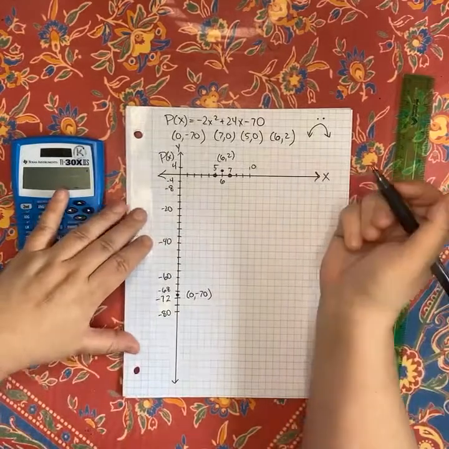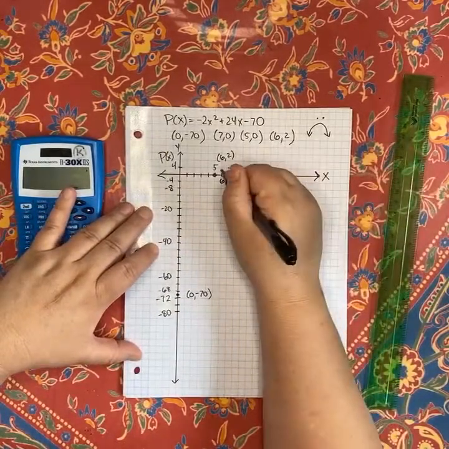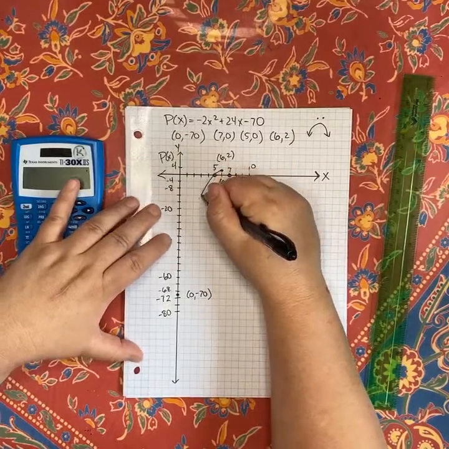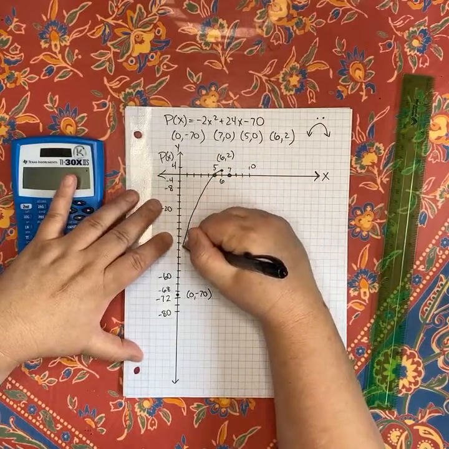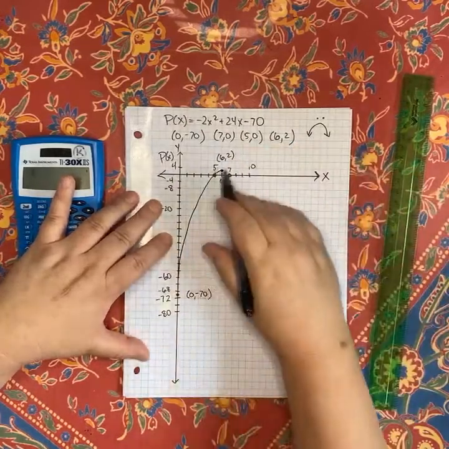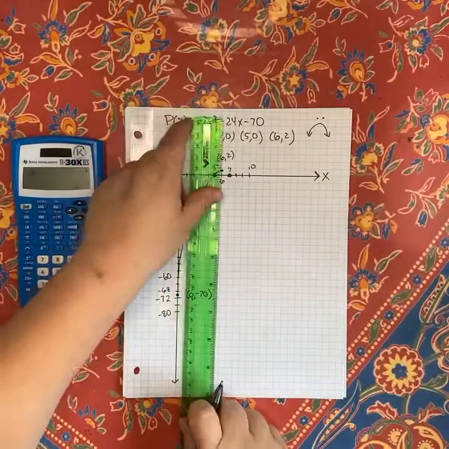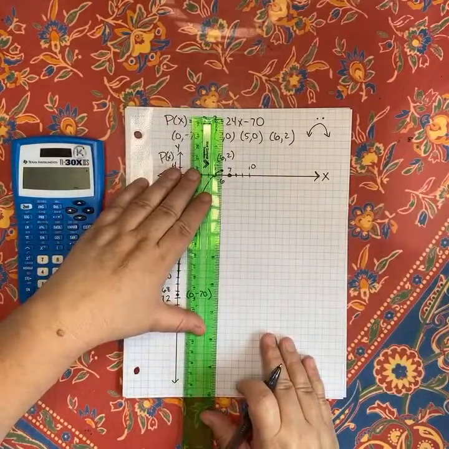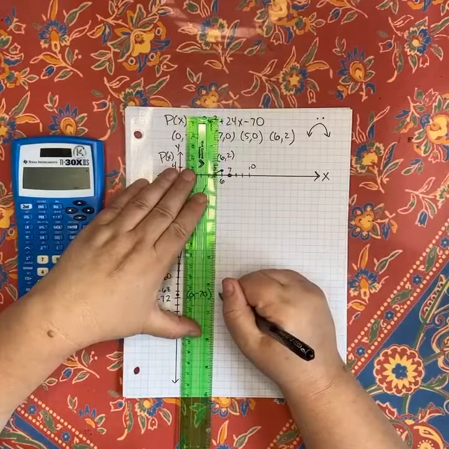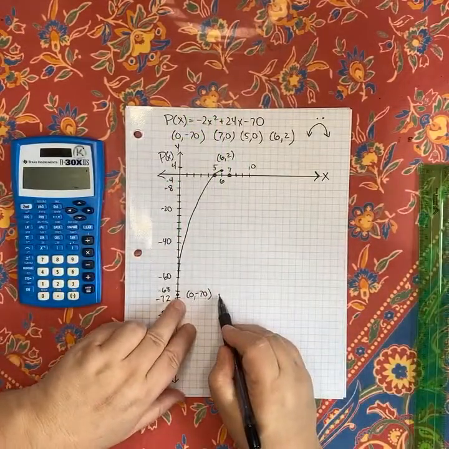Parabolas are really hard to do. Personally, as a right-handed person, I have an easier time doing the curve down. Then to go to the other side, remember that we've got this symmetry. I'm going to do a little line there so I can remember: there's x equals 6.